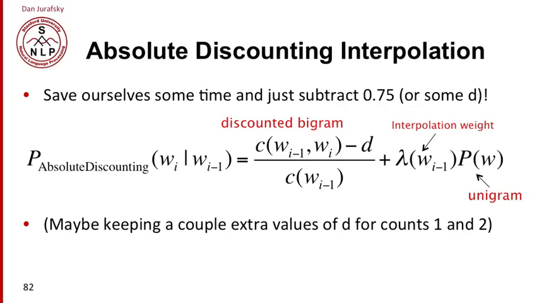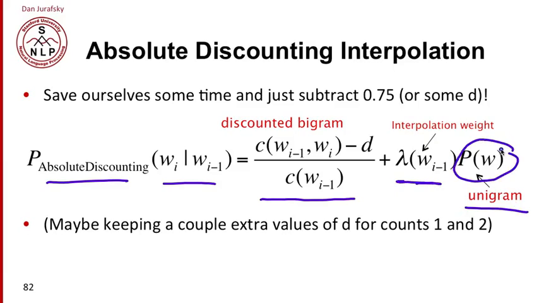And here's the equation for absolute discounting. So we're doing bigrams again. So the absolute discounted probability of a word given the previous word will be some discounted bigram interpolated with some interpolation weight with the unigram probability. So we have a unigram probability, P of W, and then the bigram probability, and we just subtract a fixed amount, let's say it's 0.75, from the count, and otherwise compute the bigram probability in the normal way.